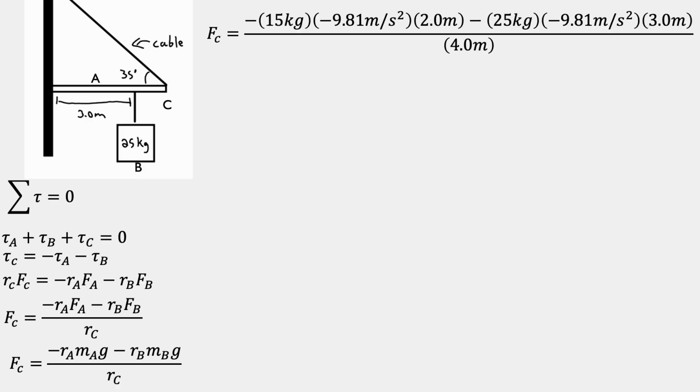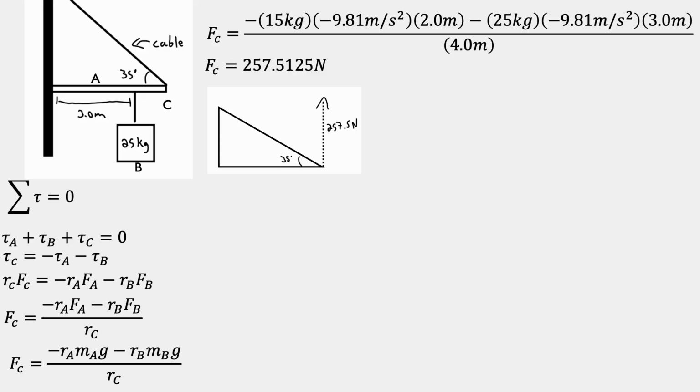So at this point we can substitute our values in, and we get the force at C is 257.5125 newtons. However, we're not finished, because that's just our perpendicular component, but our cable is attached at an angle. So I would draw out a triangle to represent our cable, so we can see that upwards we've got a force of 257.5 newtons, and essentially an angle of 55 degrees.